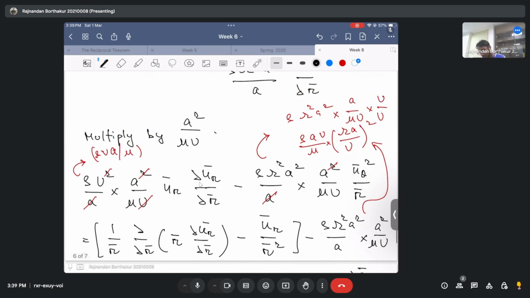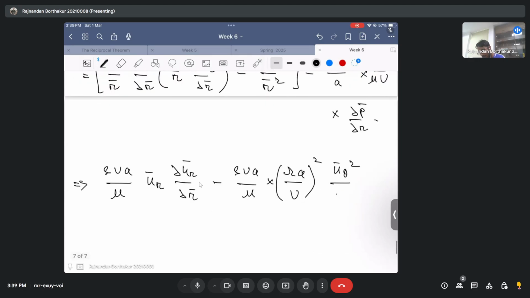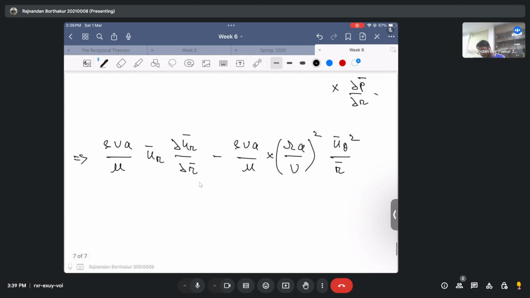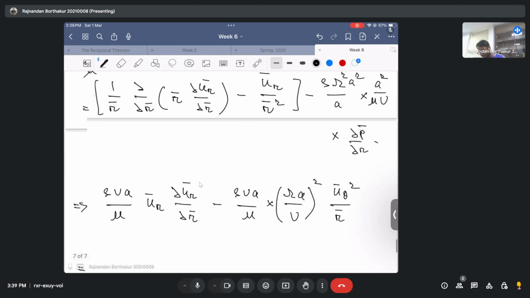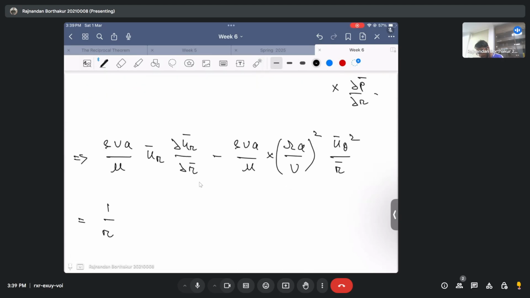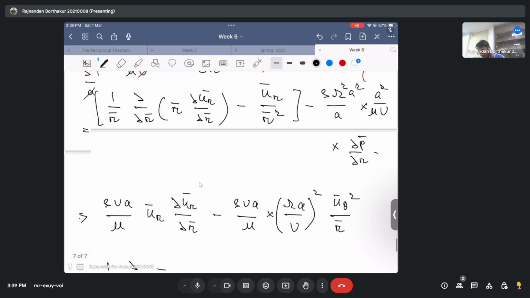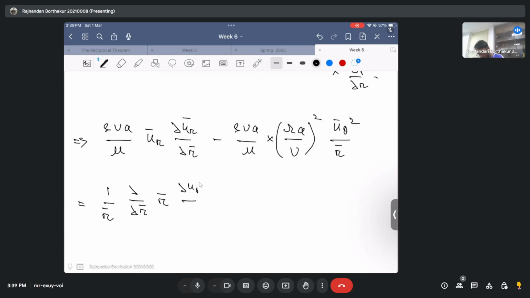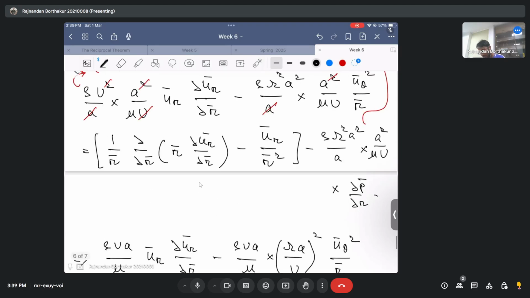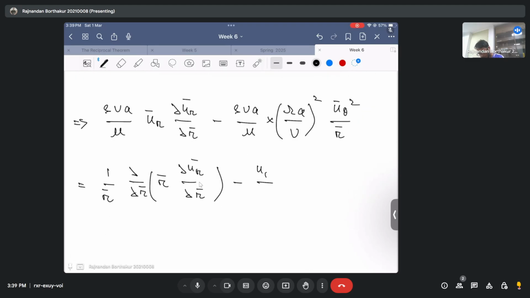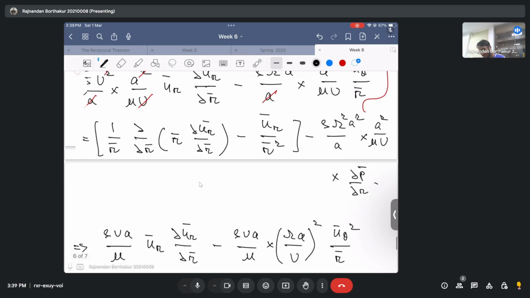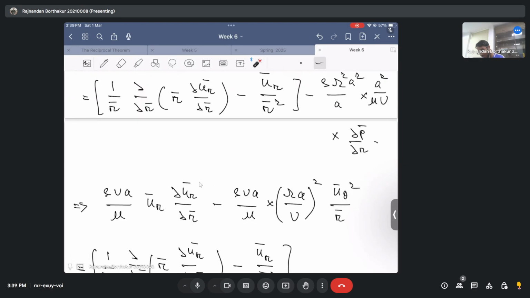And then on the right hand side I have this term which is unchanged: 1 by r bar del by del r bar of r bar times del u_r bar by del r bar, minus u_r bar by r bar squared. And then the same term basically, with the pressure gradient.